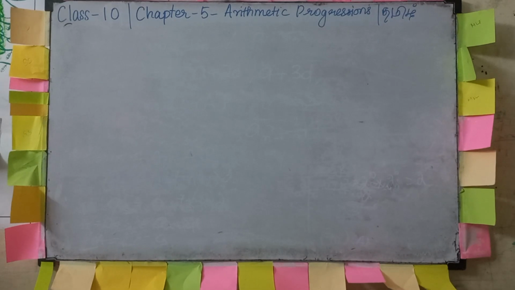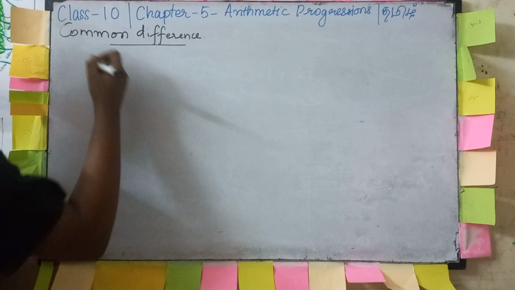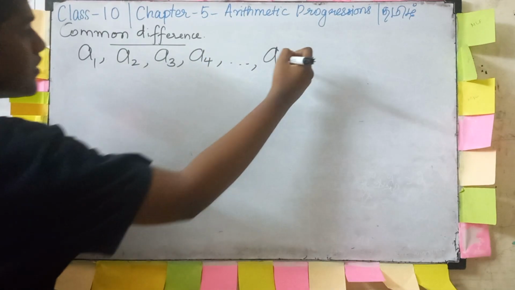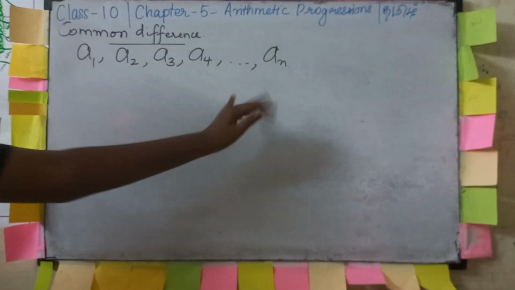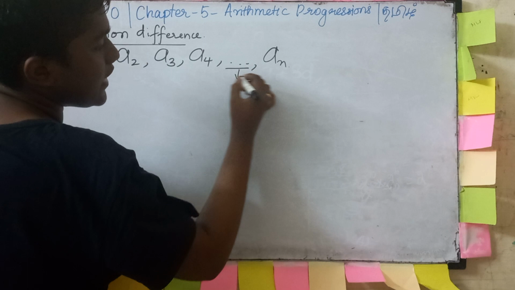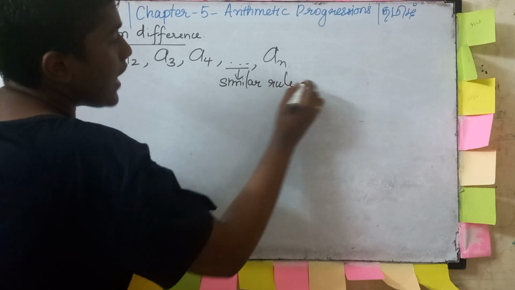So let's go to the chapter's examples. Let's see what is a common difference. We saw the terms of an AP are like A1, A2, A3, A4, and this goes on till AN. In maths you would see these 3 dots. These 3 dots mention that the terms follow a similar rule and this continues.